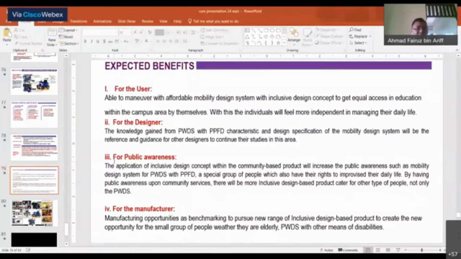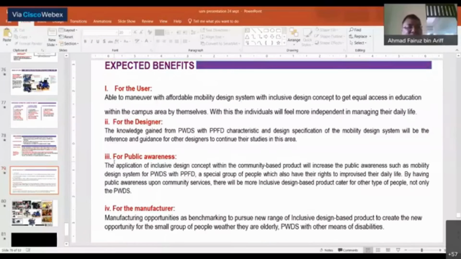Expected benefit for users: being able to maneuver and customize their design with an affordable mobility design system with inclusive design concept. For the designers, the knowledge gained for the PWDs will be the reference and guidance for other designers to continue studies in that area.